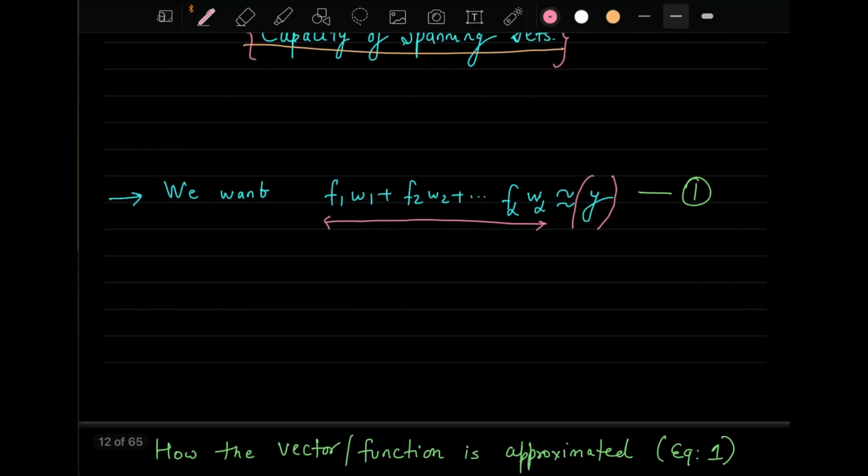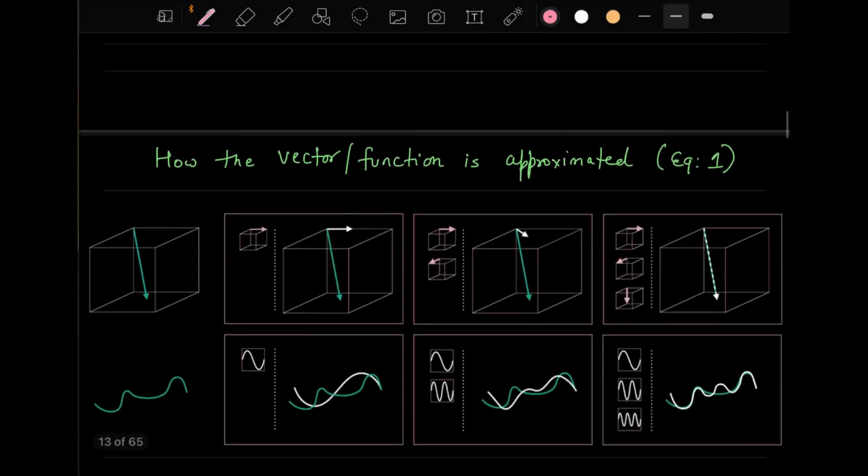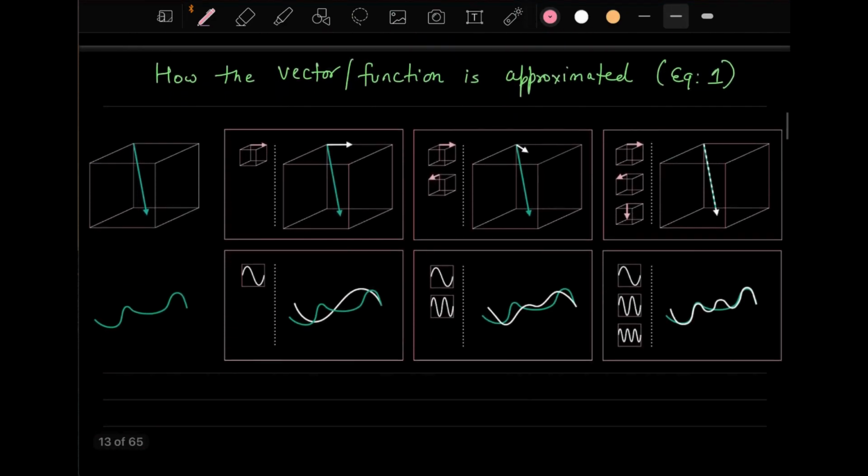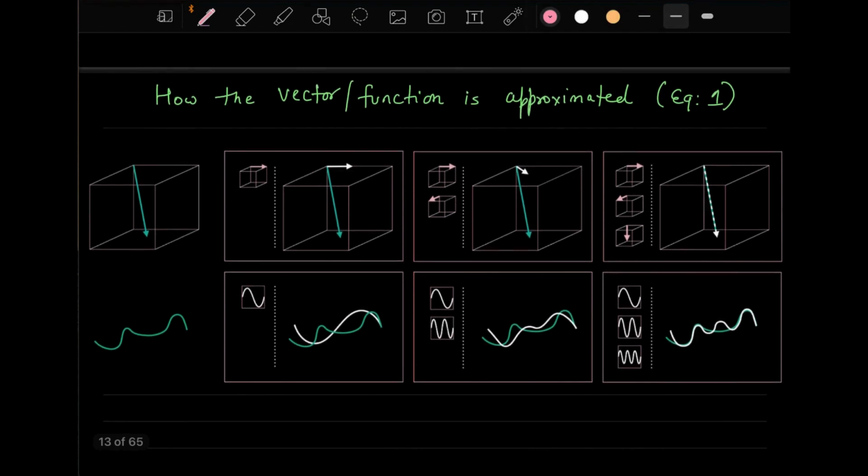It is an approximation. This again shows the same slide: this is the vector that you want to approximate, and if you take only one basis vector along the x direction, let us say, then it will only span vectors in the x direction.